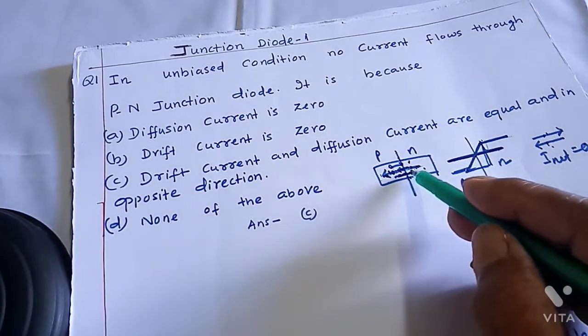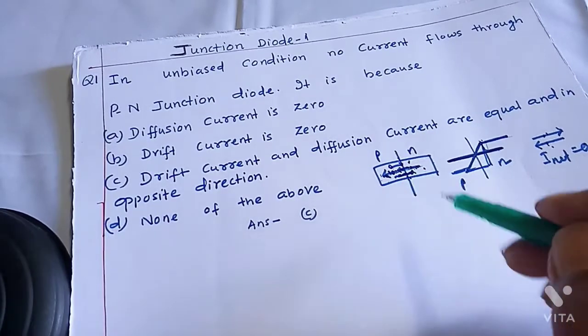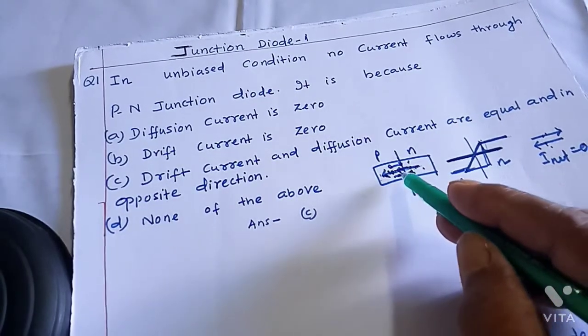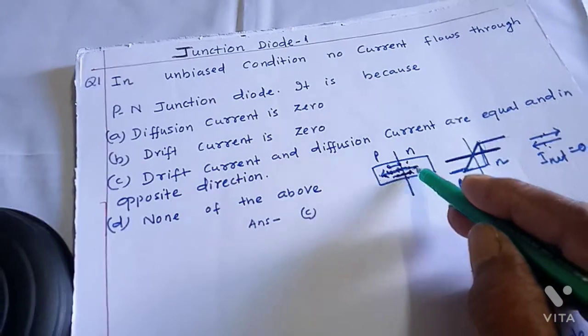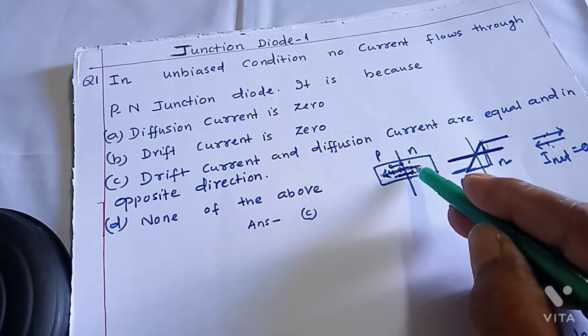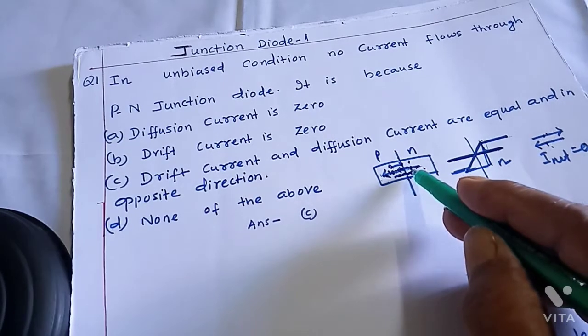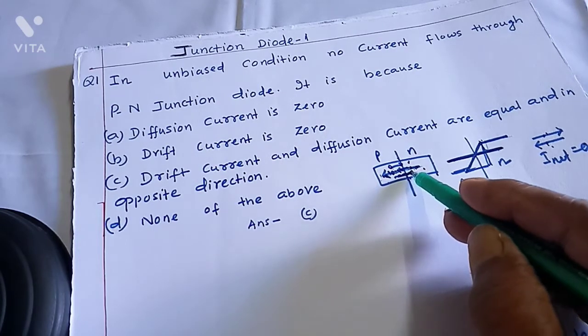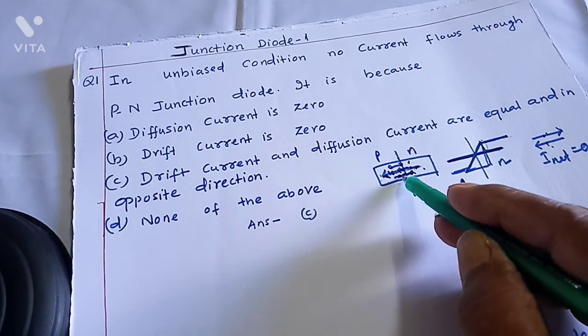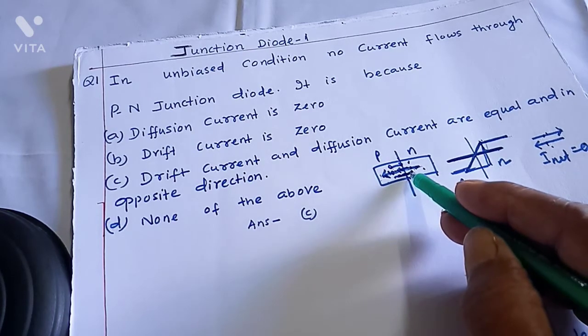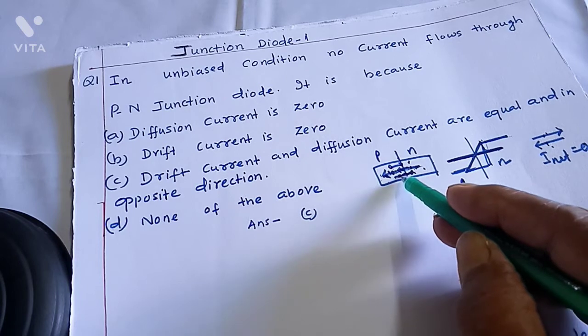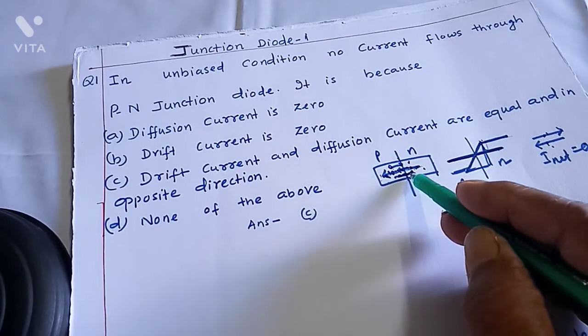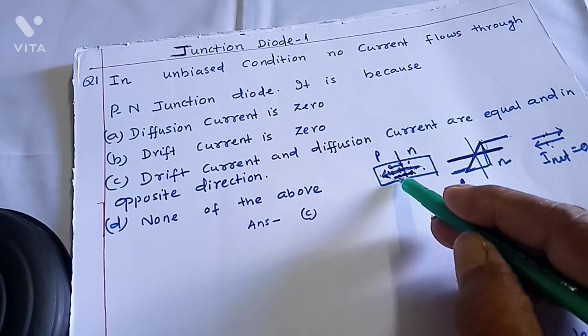By this time some diffusion current has flown. Now even if the diffusion process stops, this electric field so established will support motion of the minority carriers. Holes are minority carriers in N region, electrons are minority carriers in P region. So holes will move towards P region because of the electric field, and there will be a recombination resulting in drift current.